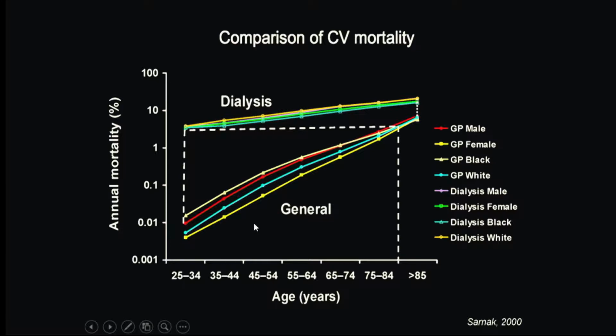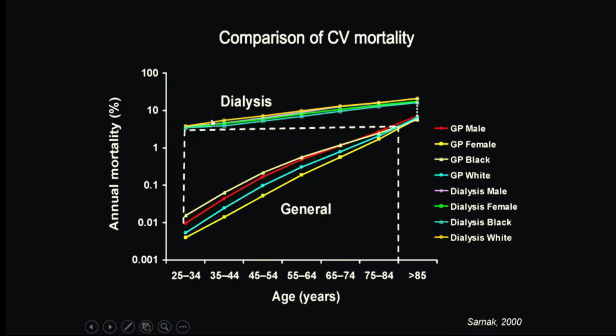So I like to show this slide to show in general the dialysis population compared to the general population in terms of cardiovascular mortality. If you look at individuals who are on dialysis, 20 to 30 years of age, they have a high mortality, which is equivalent to individuals who are about 80 years in the general population.